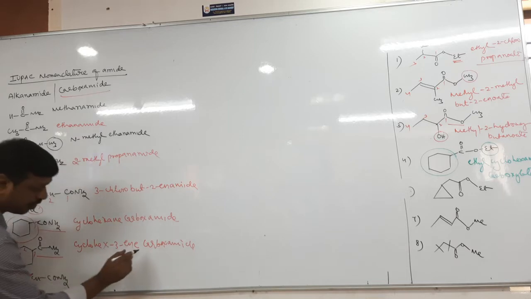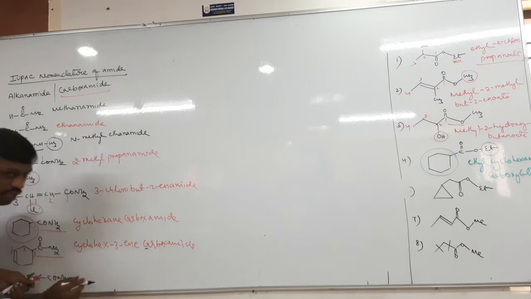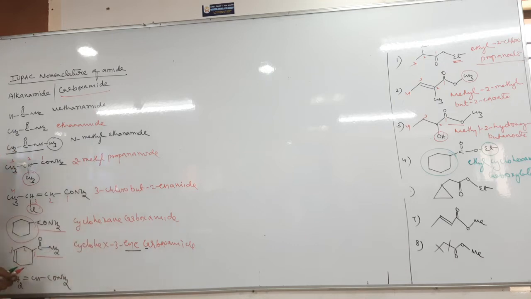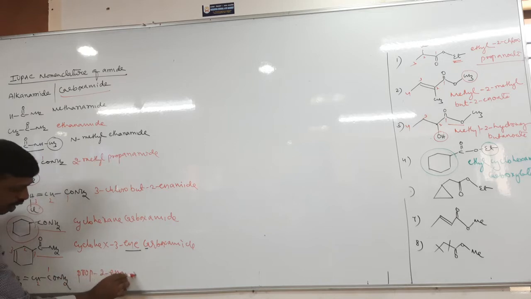Here the secondary suffix starts with C, that's why you can write ene. Next, 1, 2, 3. Tell me, so what is the IUPAC name? It is 2-methylprop-2-enamide.